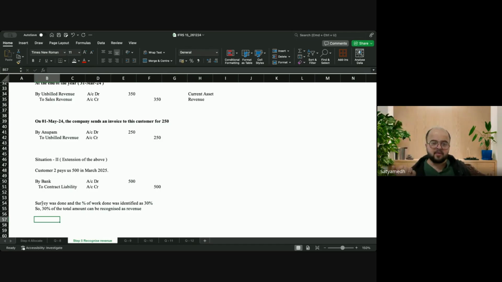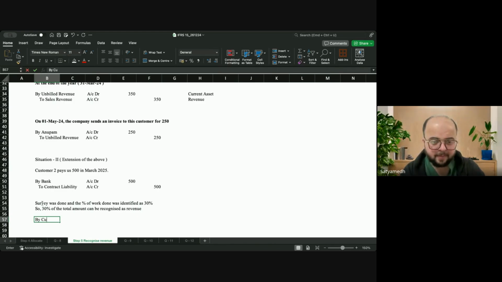The customer has given you money, you will have to bill the customer first, because that billing part is also important. All of these aspects will have to be taken into consideration when you are closing your books of accounts at the year end. So contract liability, when he paid you in the first week of March, at that time you recorded the entry bank to contract liability. But later on, when the revenue was recognized, the accounting entry will change. So we'll have to take that part also into consideration.